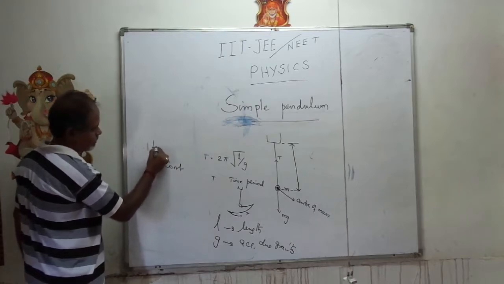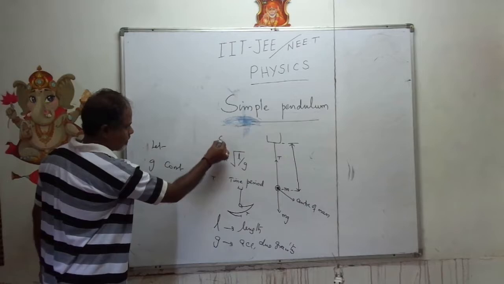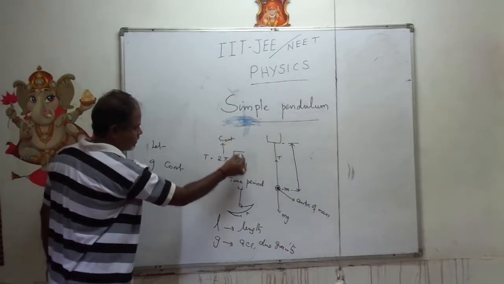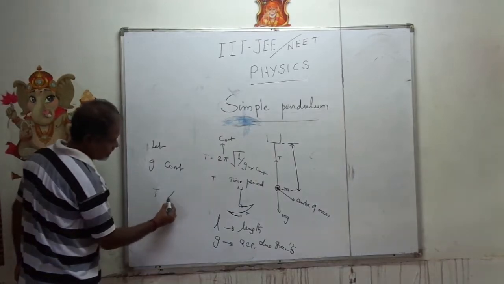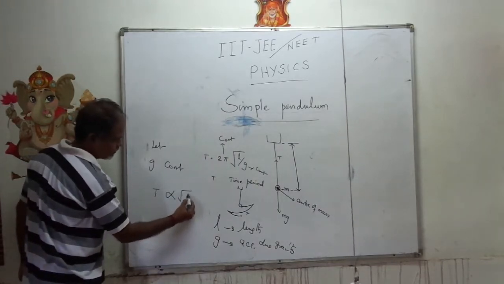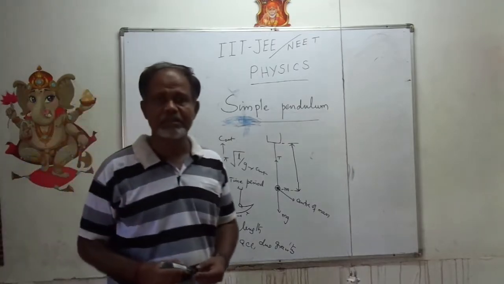Let g be the constant. Then T is directly proportional to the square root of L. Time period is directly proportional to the square root of length.